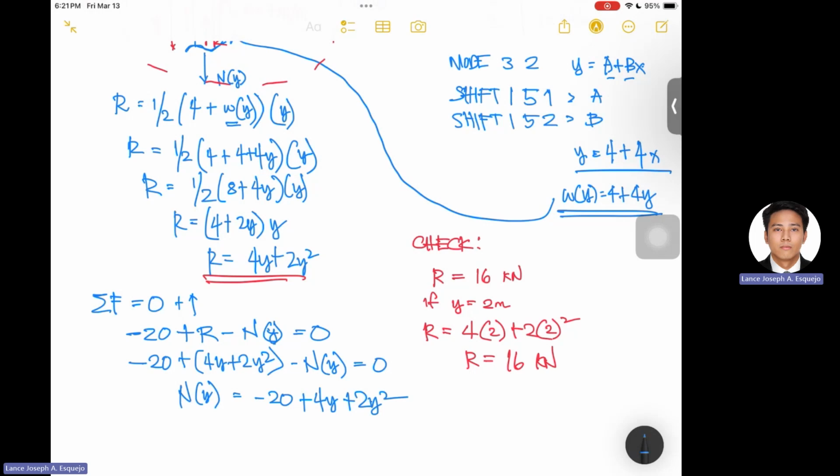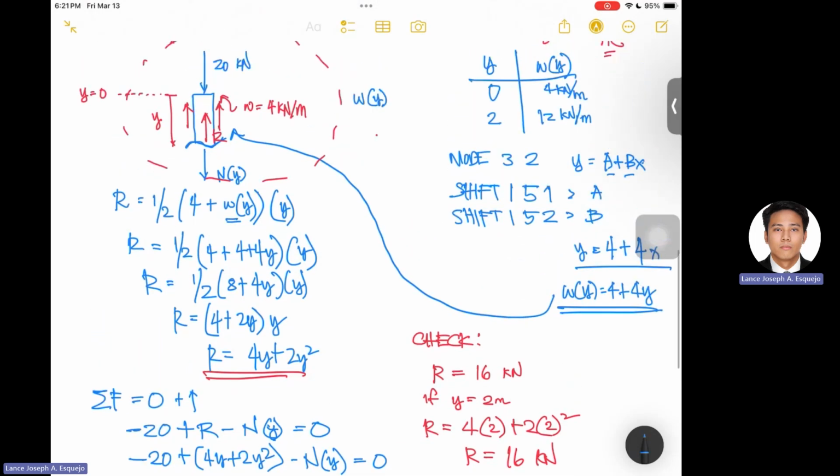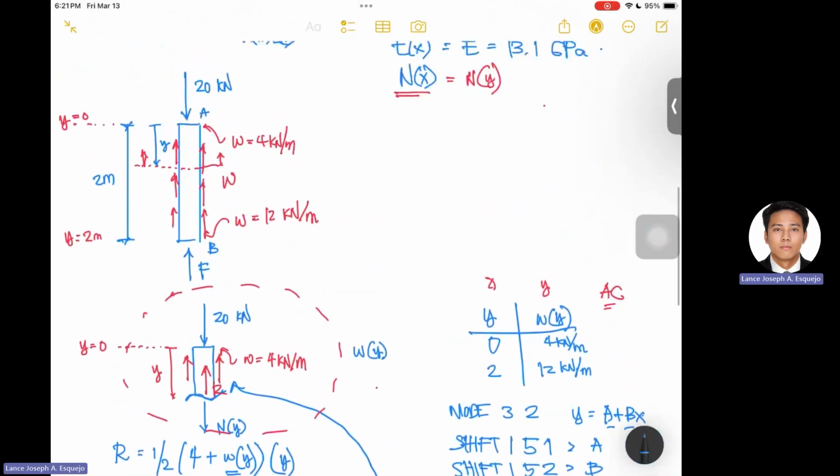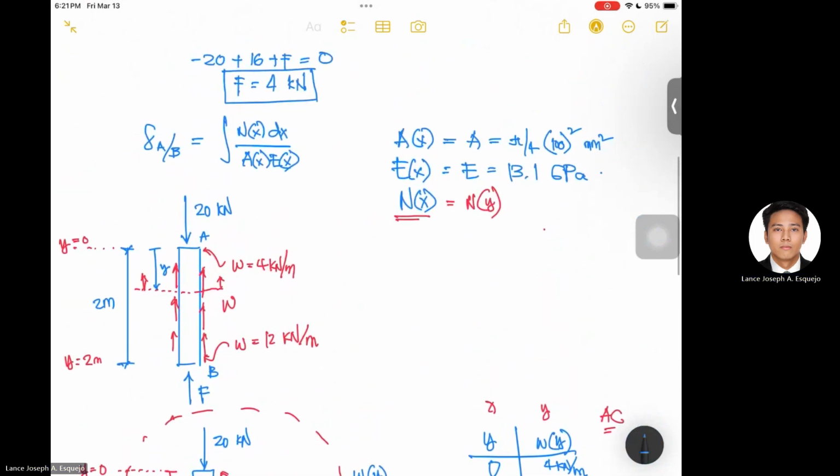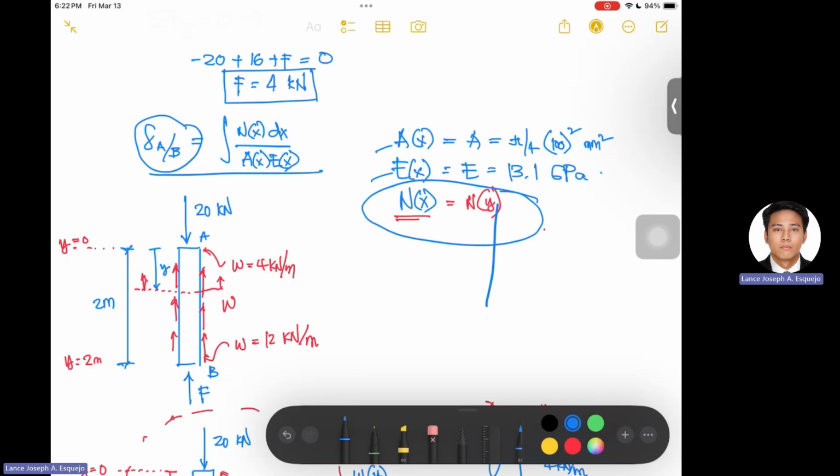So going back sa ating formula ng deformation here, we now have the value of n of y, and then we have a, we have e. We can now compute for the value of delta a with respect to b.